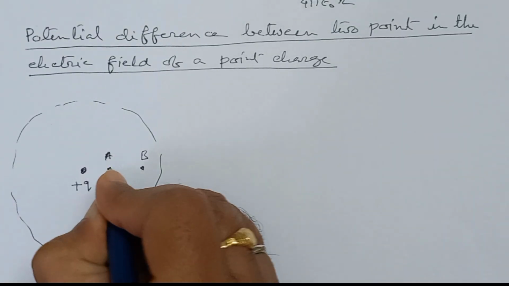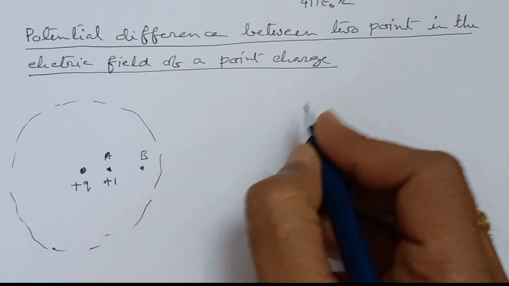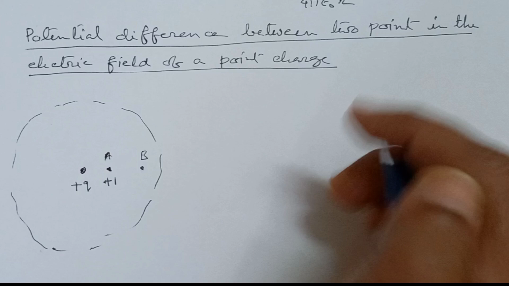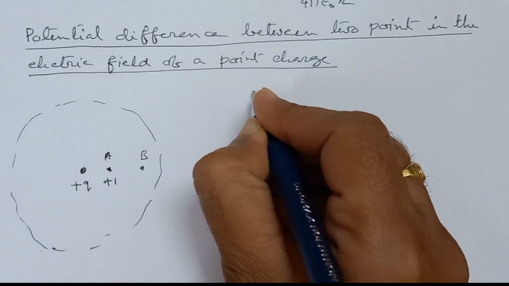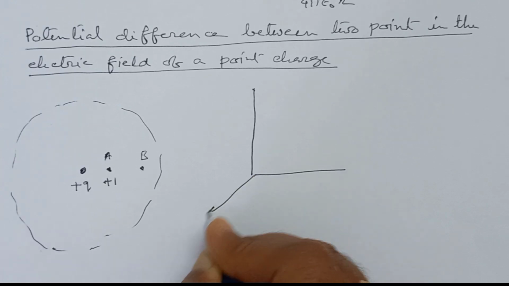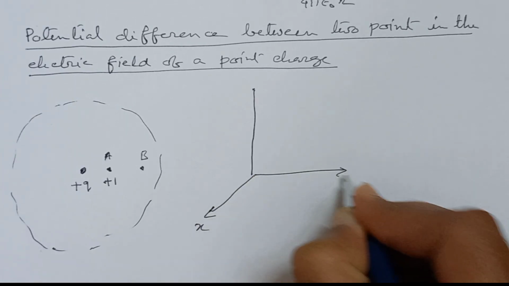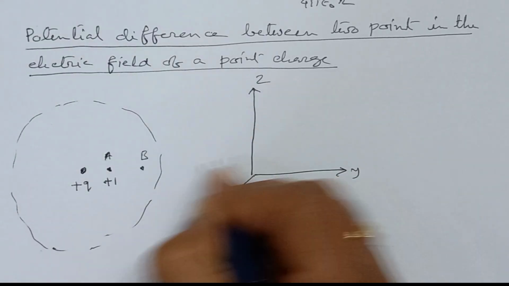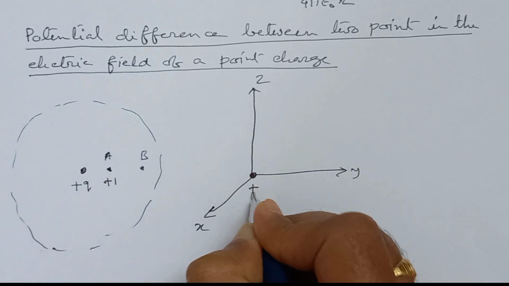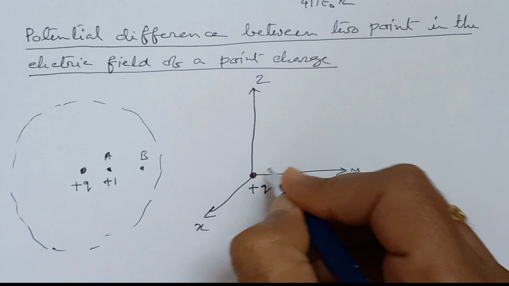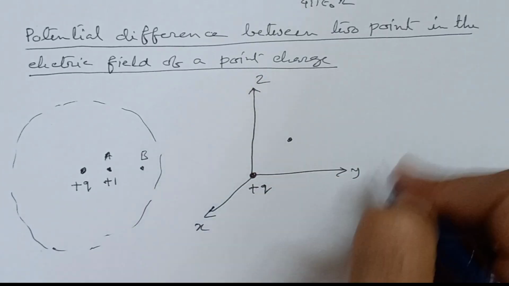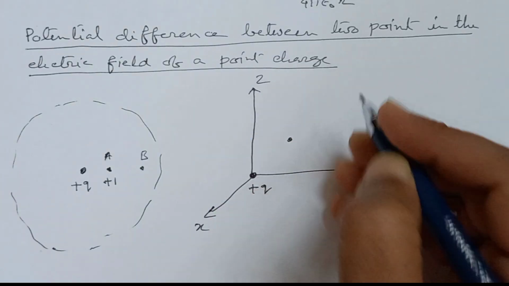Suppose the coordinate of point A is R1. To explain this, we need some coordinate system. Suppose in Cartesian coordinate system, this is x, y and z, and this positive charge plus q is situated here, and the electric field is surrounding the positive charge plus q.